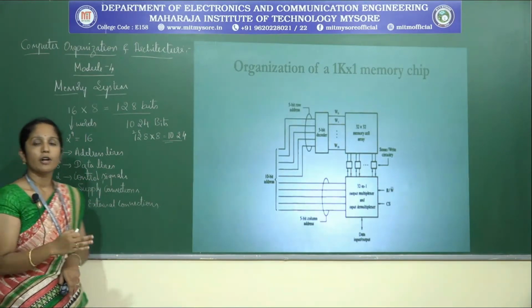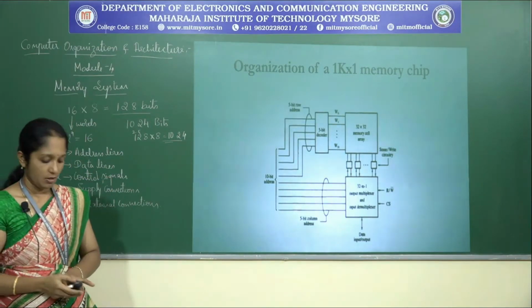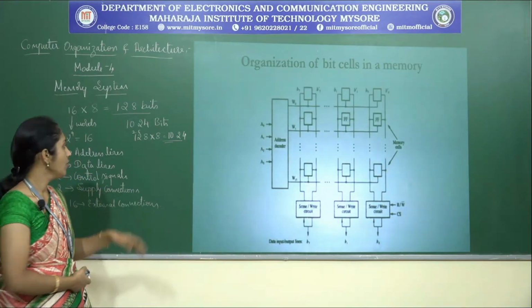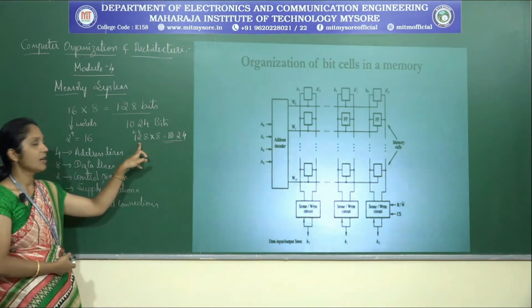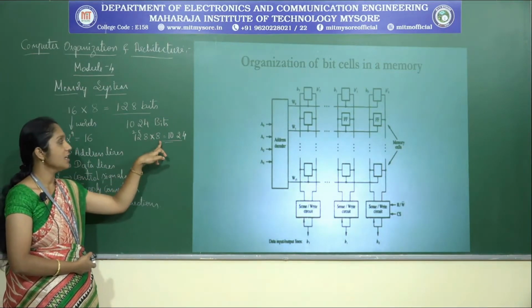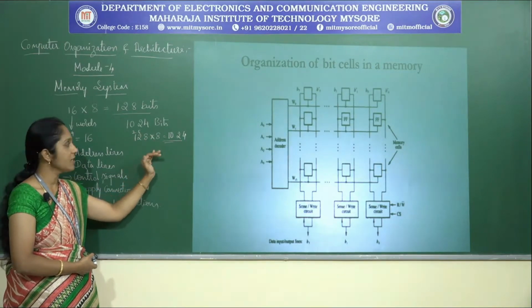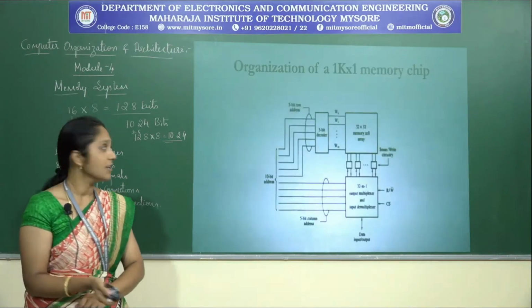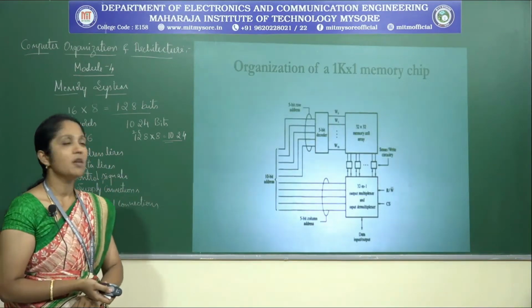In a way similar to the previous slide, this is the way in which we have organized it. We have 128 words, each word containing 8 bits. If you want, you can organize it as a 1K cross 1 memory chip.